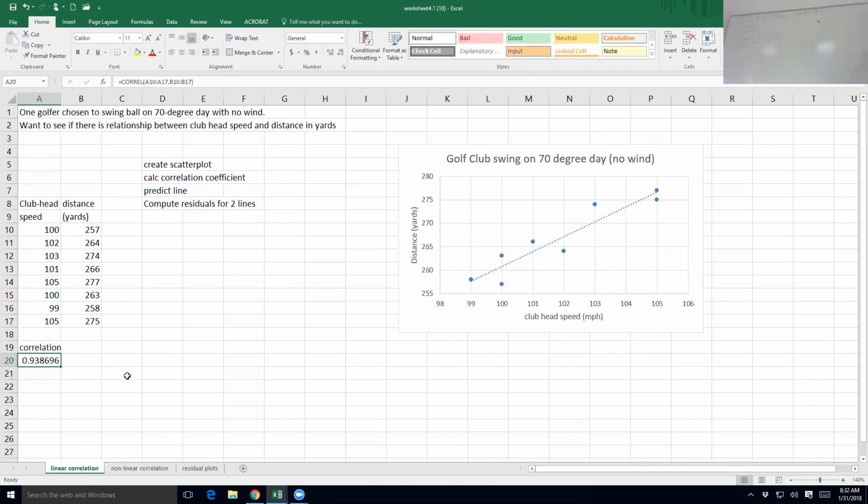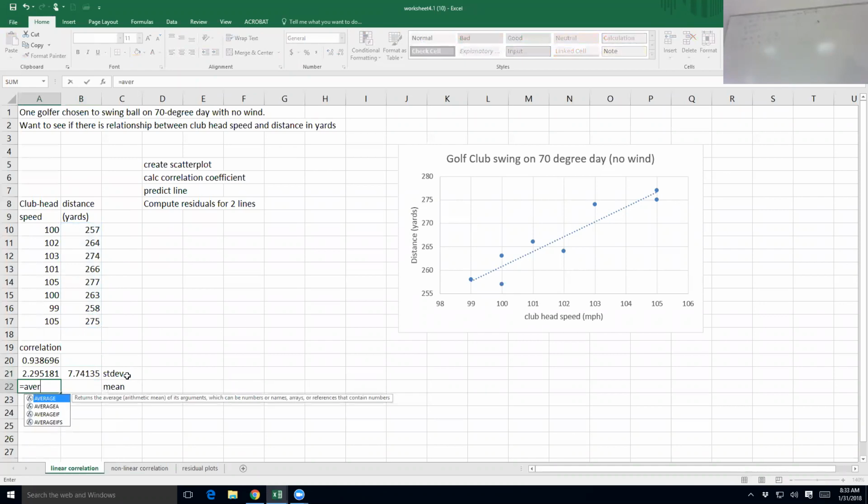All right, so the equation here, the slope equals R. I also need the standard deviation of Y and the standard deviation of X. We also need the mean. Standard deviation equals the STDEV of the Y and the X, and I need the mean average of the X and the Y. So I still need all this stuff.